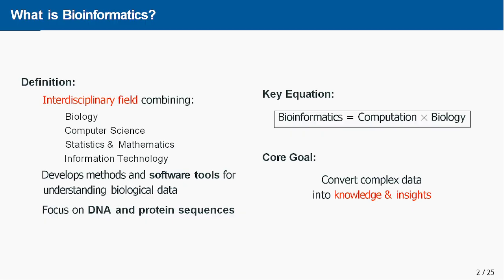It also focuses on DNA and protein sequences, because these are the fundamental units of life. It carries the information which has been inherited from parents to offspring. So, this DNA and protein sequence are very useful for understanding the behavior and characteristics of any organism.